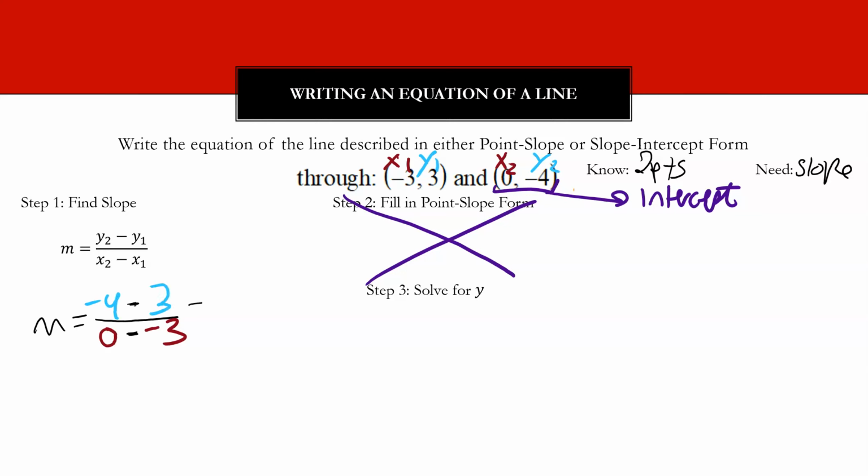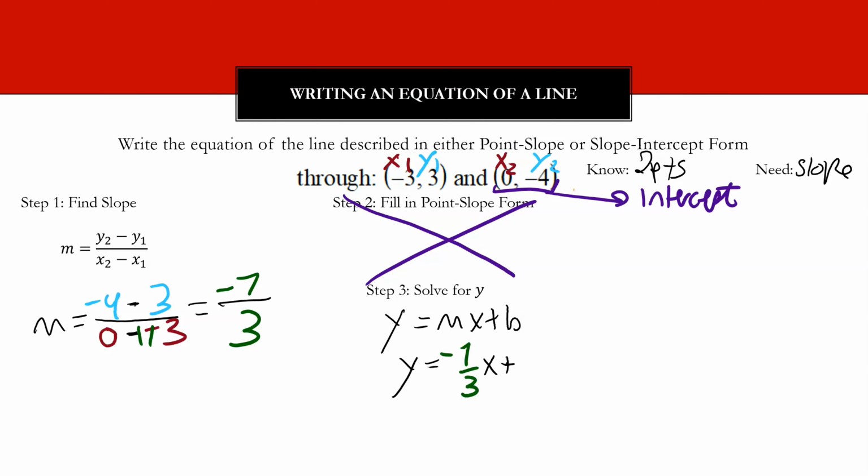And then we're going to do the subtraction, so we would get -4 minus 3 is -7 over 0 minus -3 is 0 plus 3, which is just +3. We're going to go straight to slope-intercept form, y equals mx plus b. We have found our slope m is -7/3, and our intercept was given to us at -4. And again, you could leave that plus -4 or just -4.